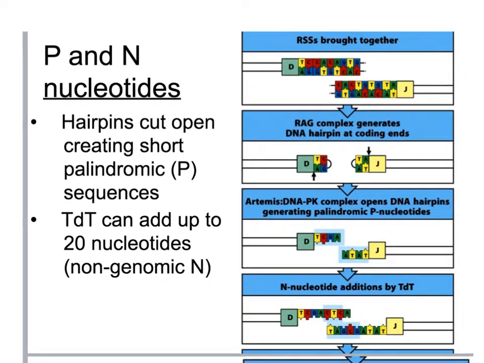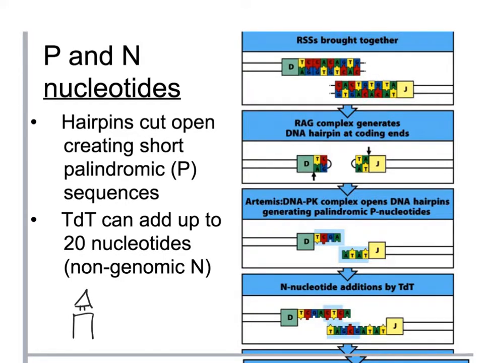The sequence of DNA that gets opened up, they're showing you this as the little pieces of DNA that are sticking up. Here's the D and here's the J, and we're going to join them.